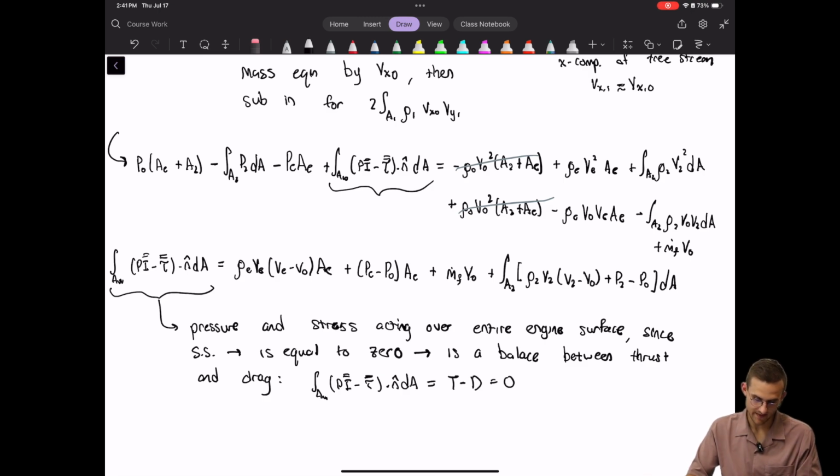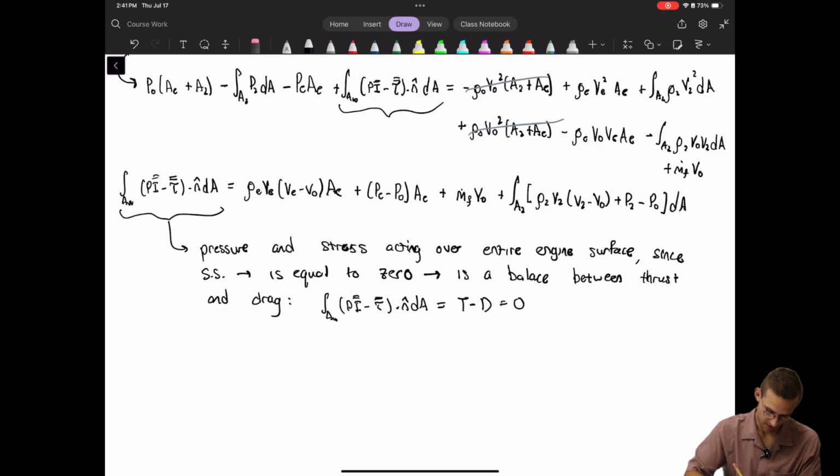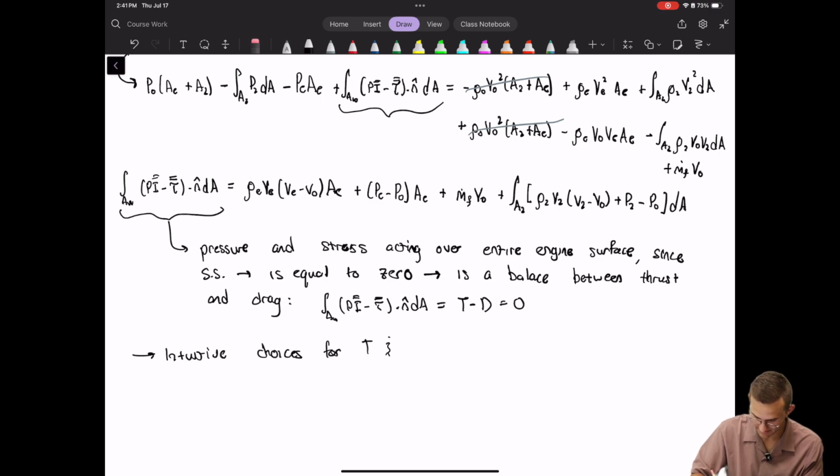Okay? And then if you look at our expression, we're just going to make some intuitive choices for the thrust component and for the drag component. So intuitive choices for T and D are the following.